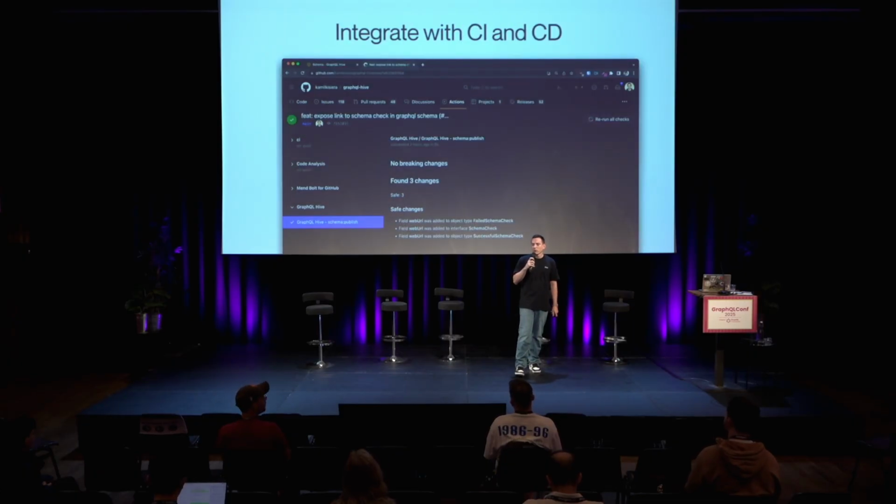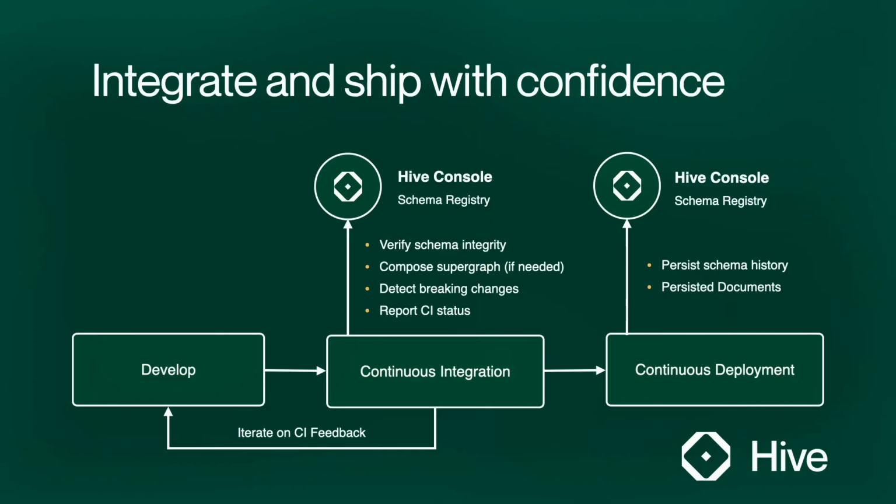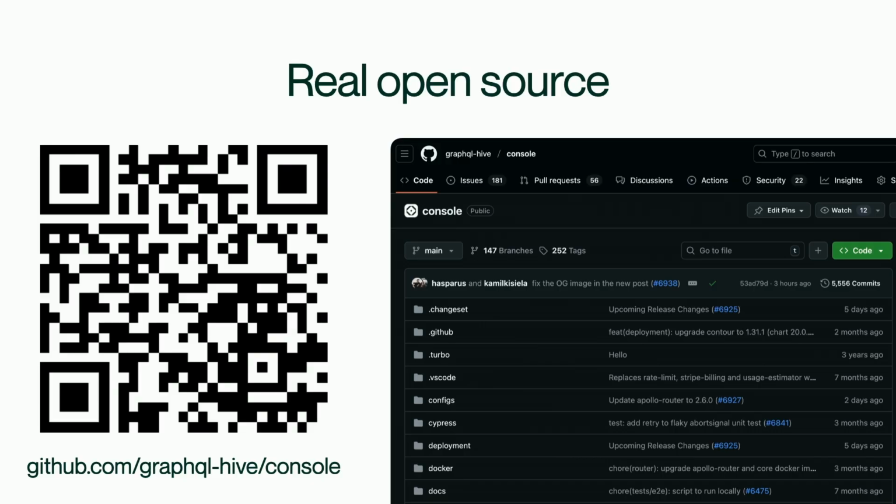You can integrate it in your CI/CD systems, get feedback on GitHub, and so on. It's basically a tool that you can integrate in your development workflow to ship GraphQL with confidence.